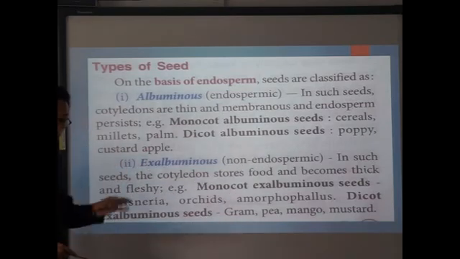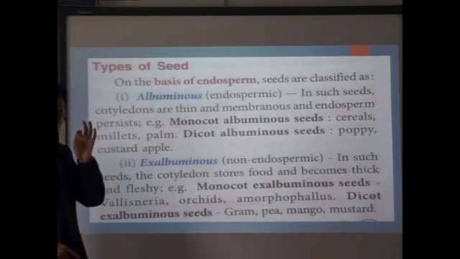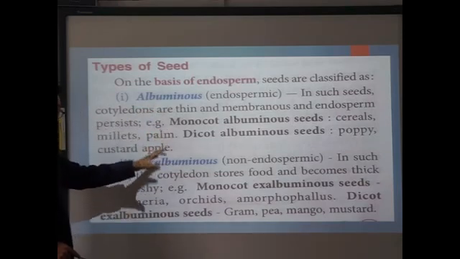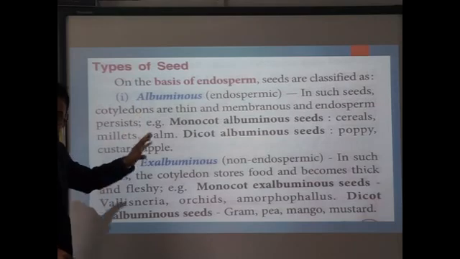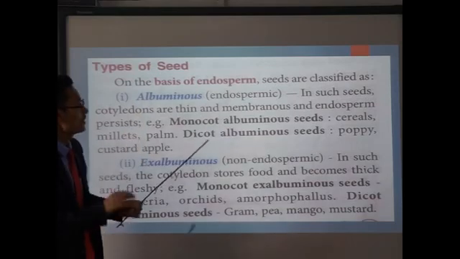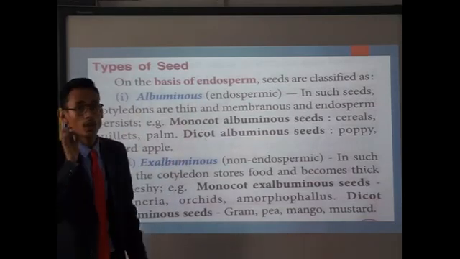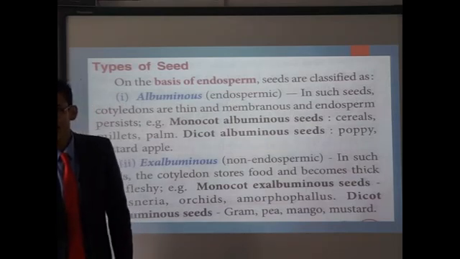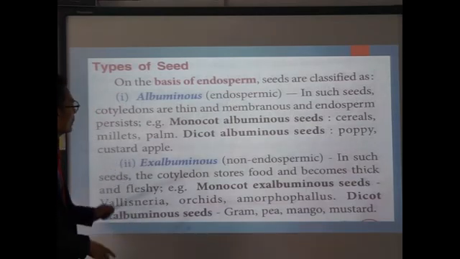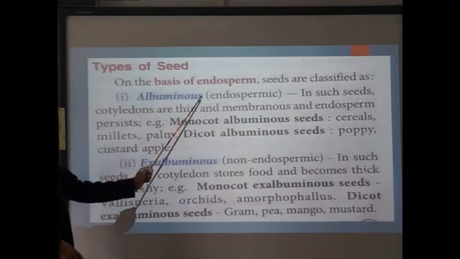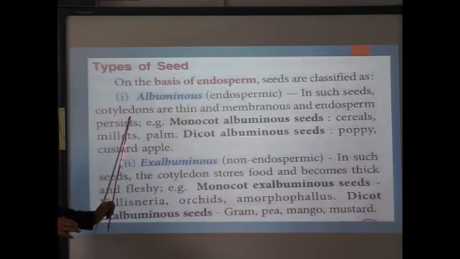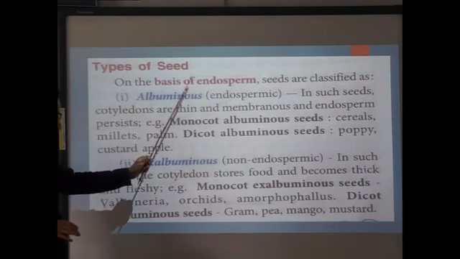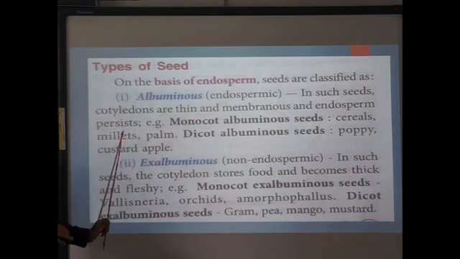This differentiation has been done on the basis of presence or absence of endosperm during seed germination. So what do you mean by albuminous or endospermic seeds? In such seeds, cotyledons are thin and membranous, and the endosperm persists.